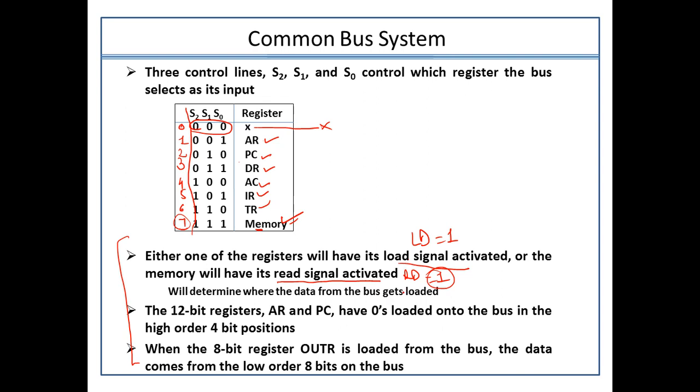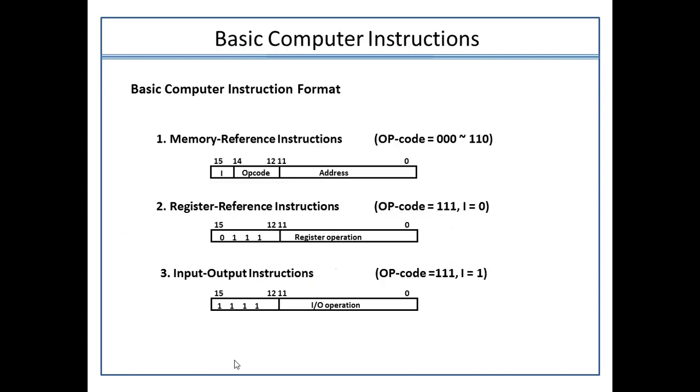This will allow the register to read the data from itself. Then the 12-bit registers, I told you why these are 12-bit registers: address and program counter. Same for why the input and output registers are 8-bit. So let's proceed ahead to the next topic, which is the basic computer instructions.